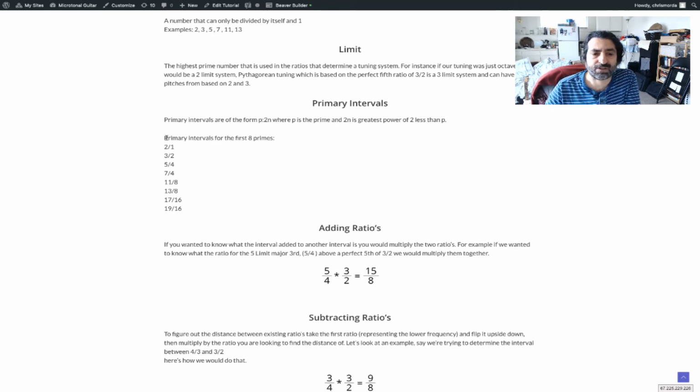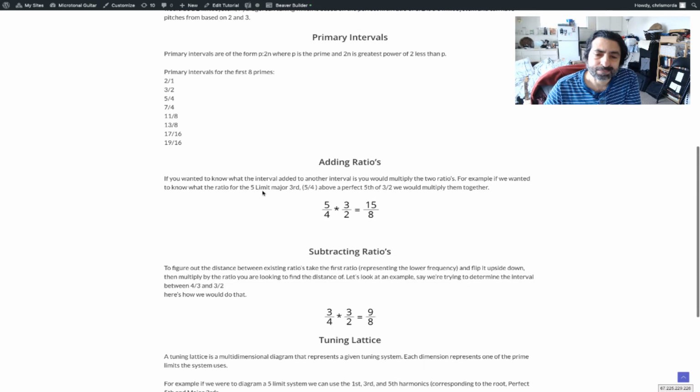In other words, 2 over 1, that's the second. 3 over 2 is the third harmonic. 5 over 4 is the fifth harmonic. 7 over 4, seventh harmonic. 11 over 8, 11th harmonic. So it's really the first time we use that definitive interval of that harmonic ratio. That's what I consider to be the primary interval.